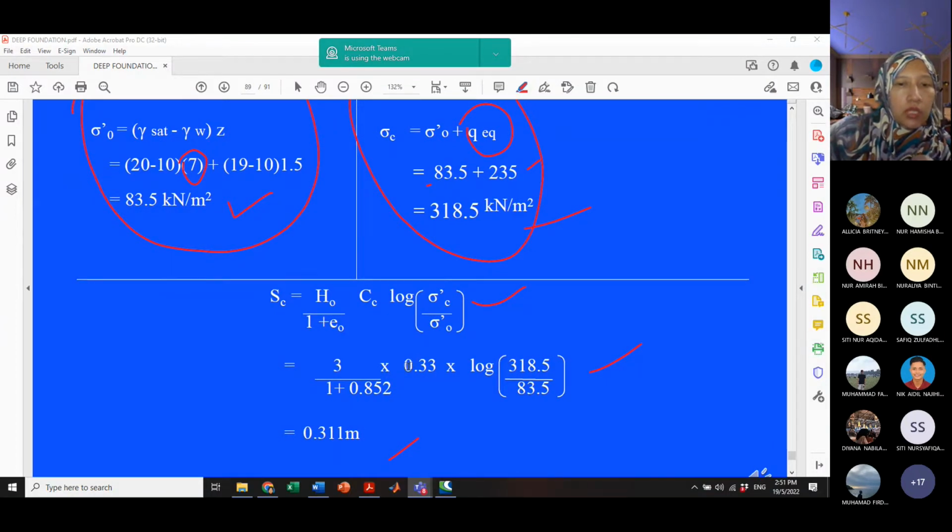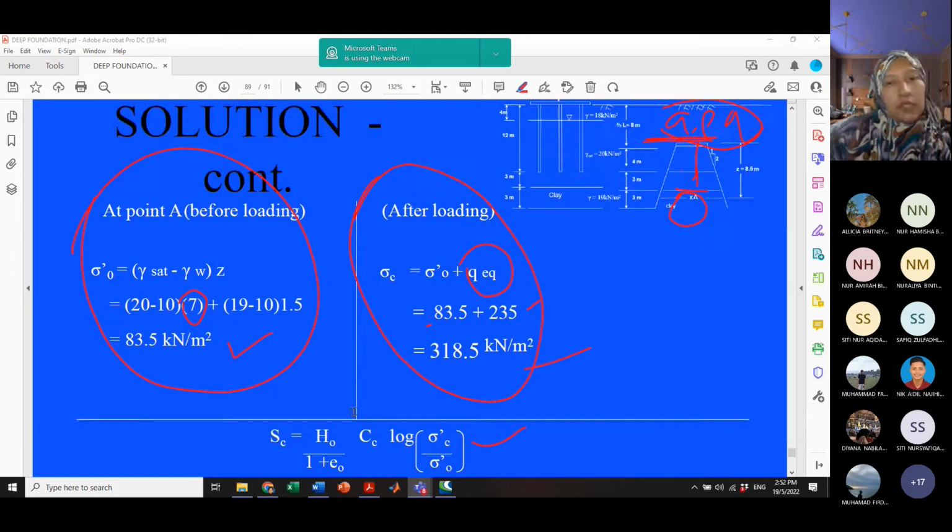So you akan nampak balik lah, the initial thickness of the clay layer is 3, and then the initial void ratio is 0.852, and then the compression index is 0.33. So that you nampak lah sigma C 318.5, sigma naught is 83. So the final answer for settlement is 0.311.